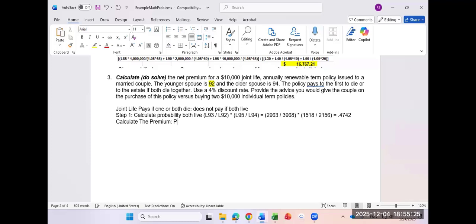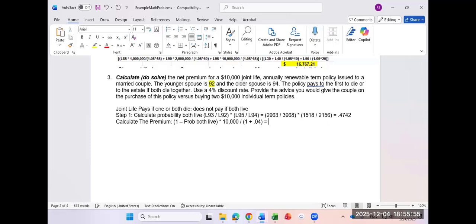It's going to be 1 minus the probability both live, because if they both live, nothing gets paid, times the face, divided by 1 plus the rate. So you say, well, where are the premium payers? It's right there. We already got it divided.